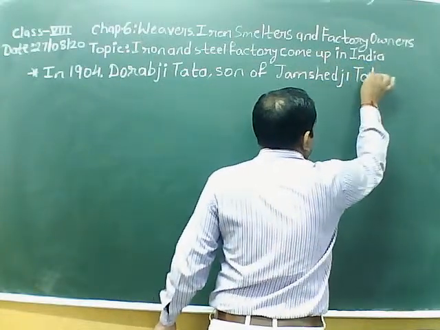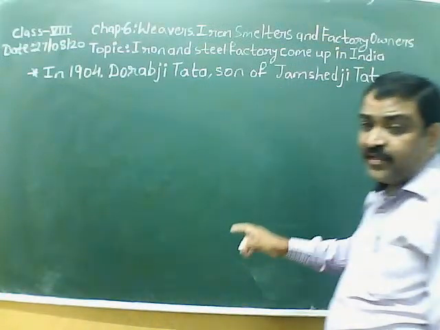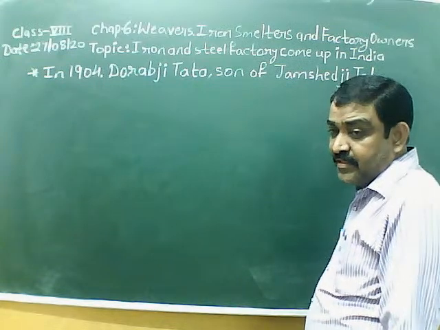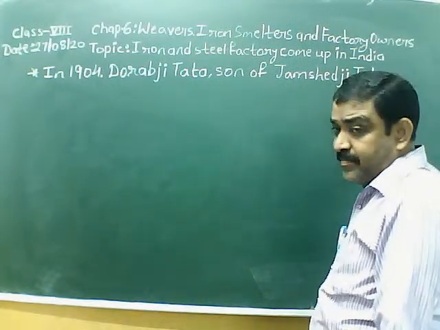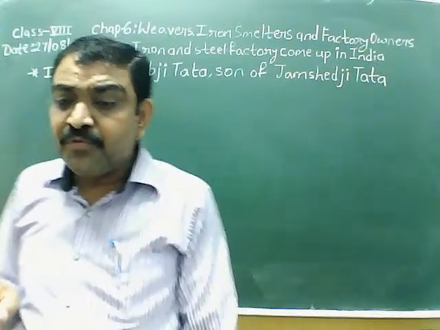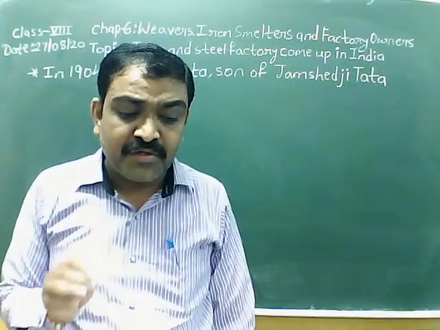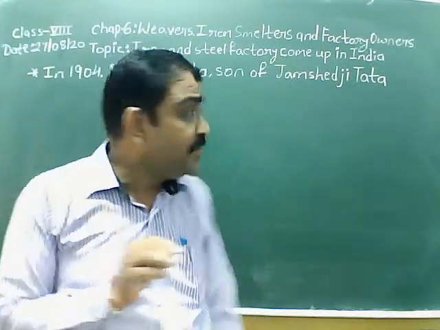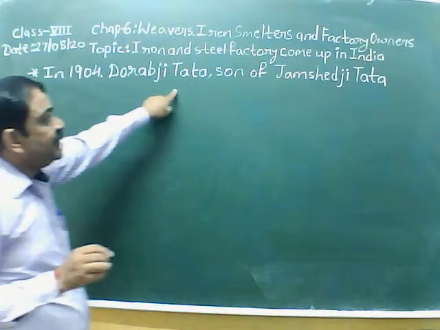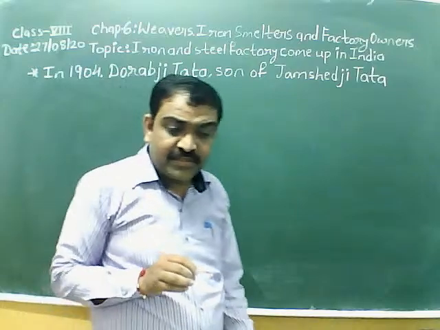Dorabji Tata was the son of the famous industrialist Jamshedji Tata, on whose name today we know the city Jamshedpur in the state of Jharkhand.